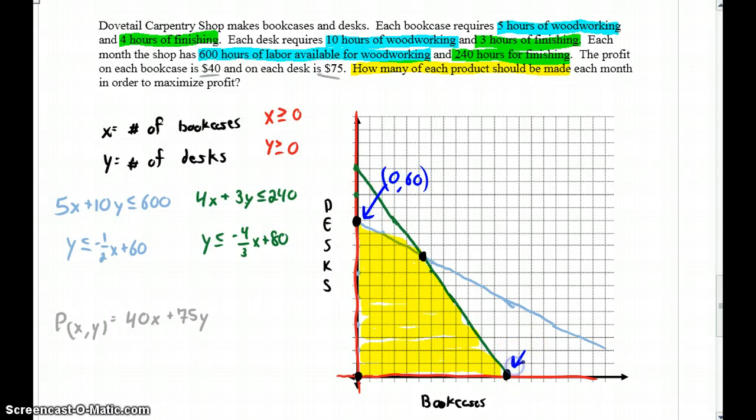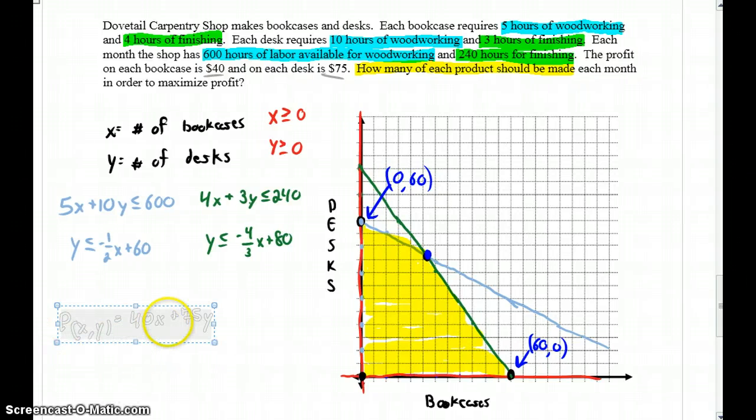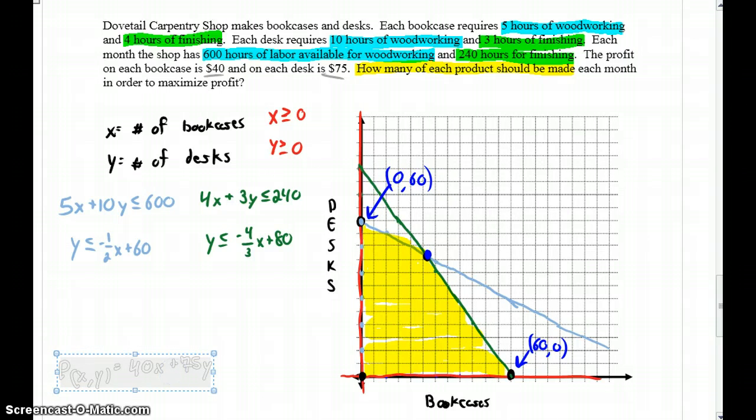I've got this point right here, which is 60, 0. And I've got one point right here, which I can't really tell where it is. But luckily, I could figure out where these two lines intersect. Now I know that these are inequalities, but since I want to see where the lines actually cross, I can pretty much treat them as equals.